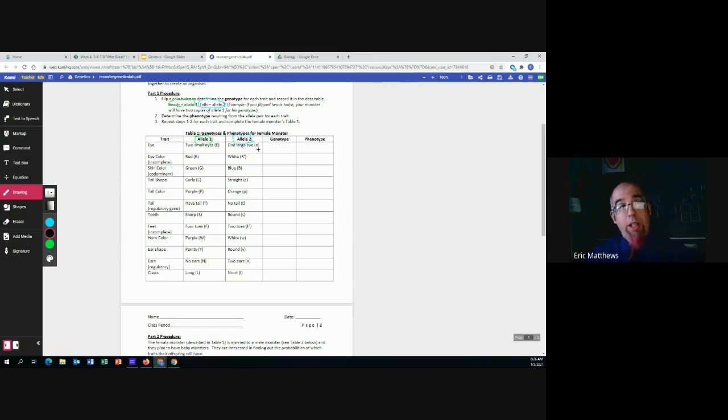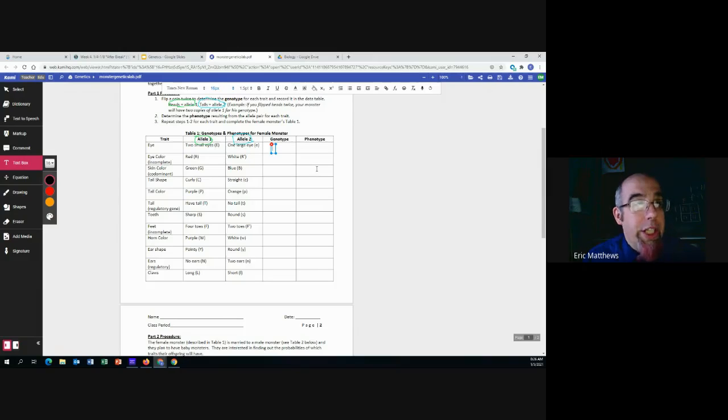Now I take my 2 coins, flip them. I got 1 heads and 1 tails. So heads is allele 1 right here, 2 small eyes, and a tails would be 1 large eye, little e. So the genotype I'm going to get is 1 capital E from the first column, 1 little e from the second.